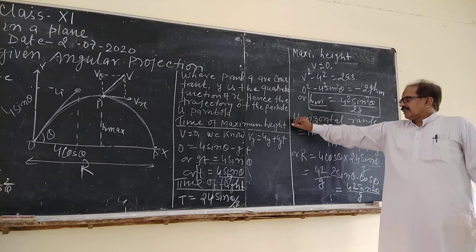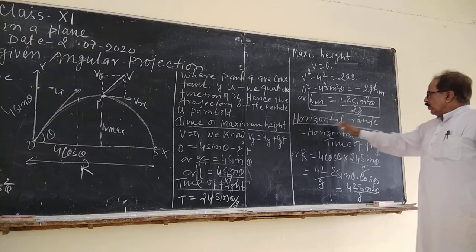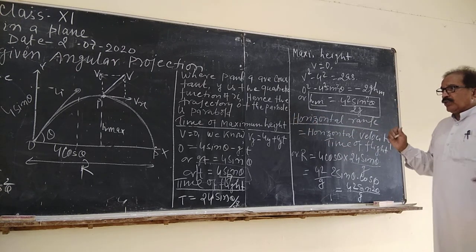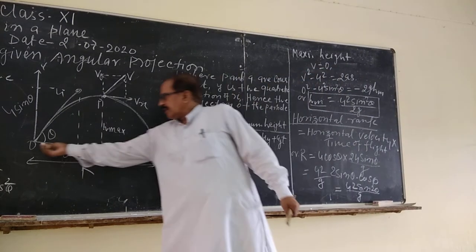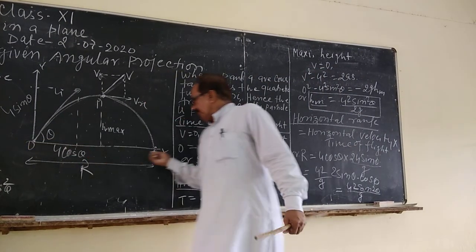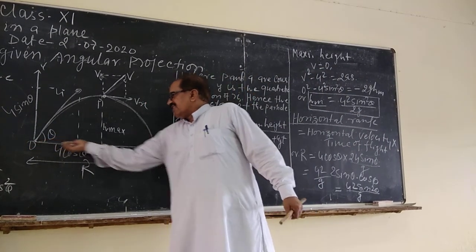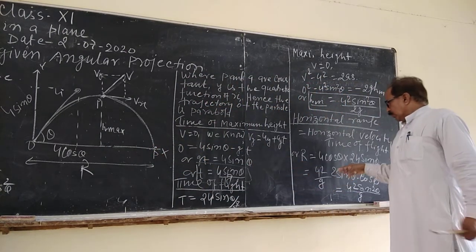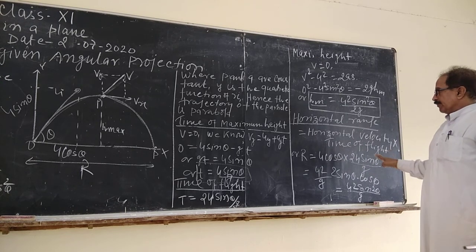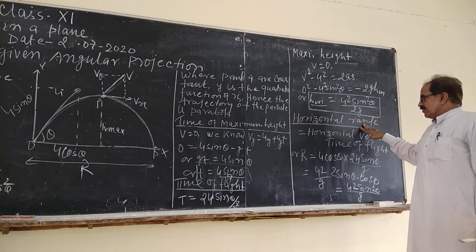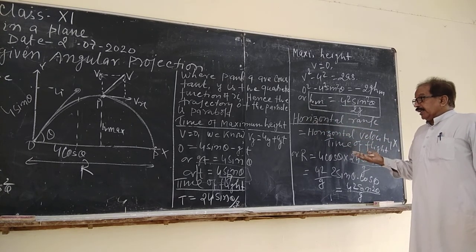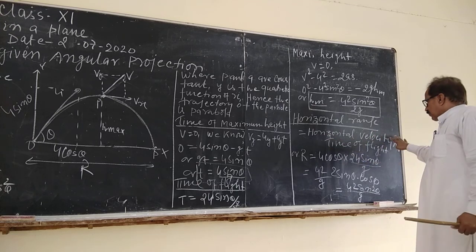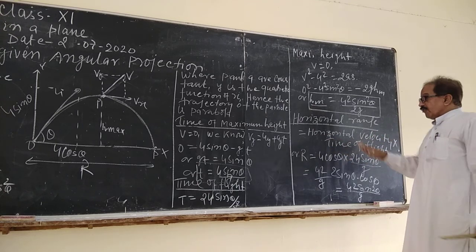Now at the last, horizontal range. Horizontal range means the distance from initial point to final point. All of you know distance is equal to velocity into time. So horizontal range is equal to horizontal velocity into time of flight.